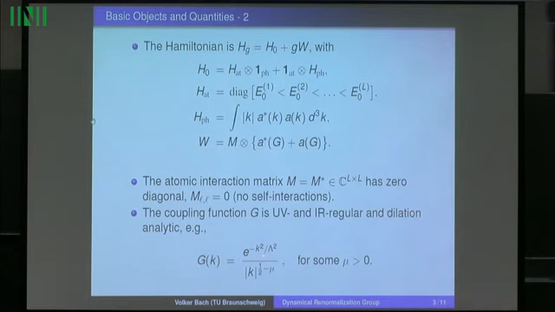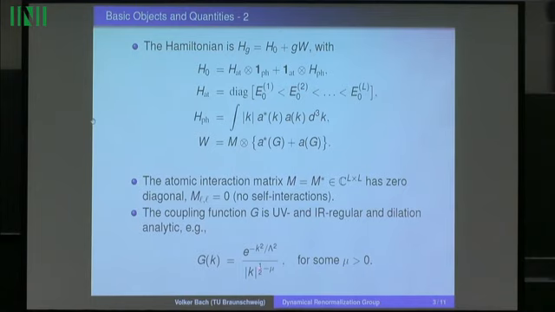So G is a function that is regular both for large k, so in the ultraviolet region, it's cut off at scale capital Lambda, and also it is infrared regular. Here in 3 dimensions, this means that the singularity at k equals 0 is milder than k to the minus 1/2, so the exponent here is slightly larger than that.